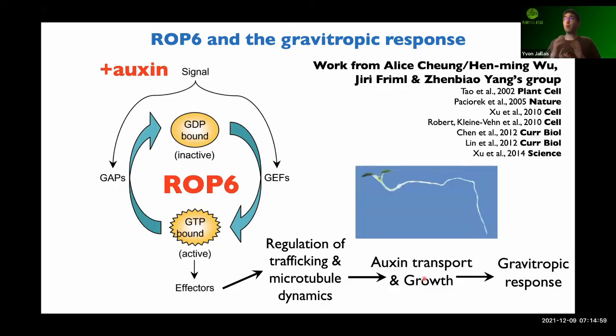So we thought, okay, ROP6 and PSS1 share similar phenotype in terms of gravitropic bending. So what about earlier readouts, such as, for example, intracellular trafficking and cytoskeleton dynamics?